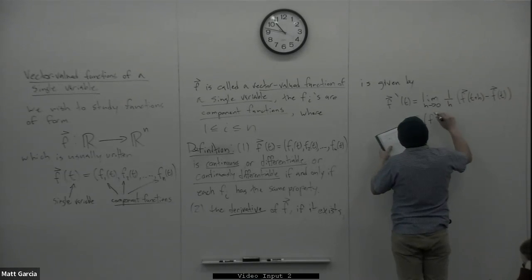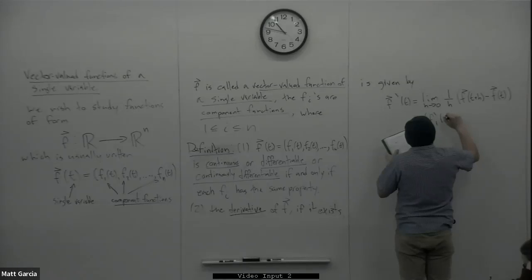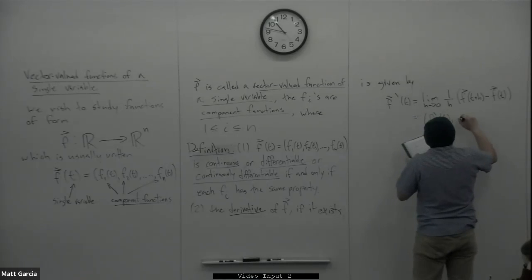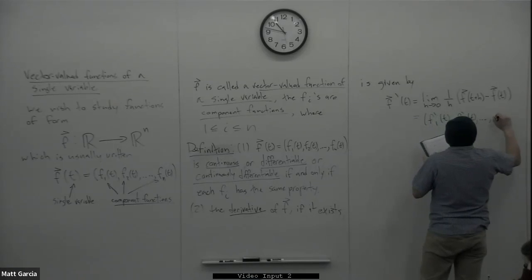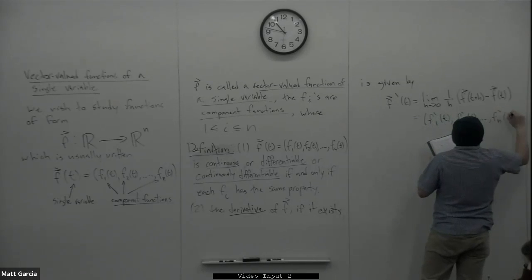I already alluded to this. The derivative of f1 of t, comma, the derivative of f2 of t, comma, all the way up to the derivative of fn of t.